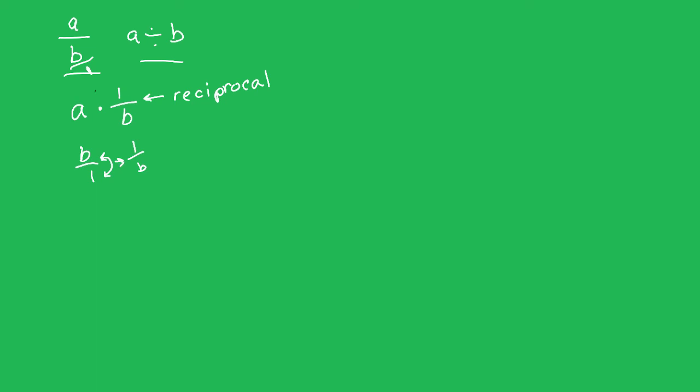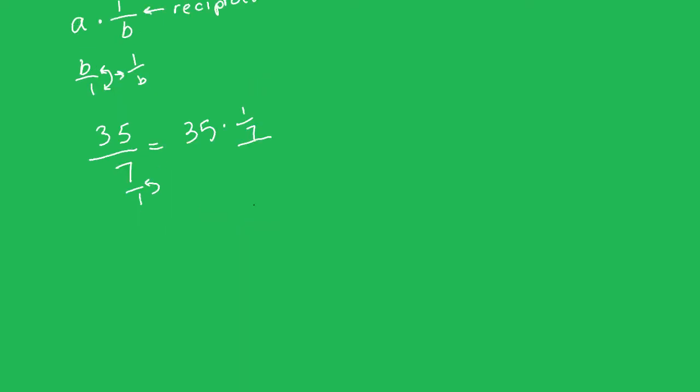And so that's the same thing as doing A divided by B, A times 1 over B. So with actual numbers, 35 divided by 7 is the same thing as doing 35 times 1 over 7, because we just took this 7 divided by 1 and put the 1 on top and the 7 on bottom to get 1/7.